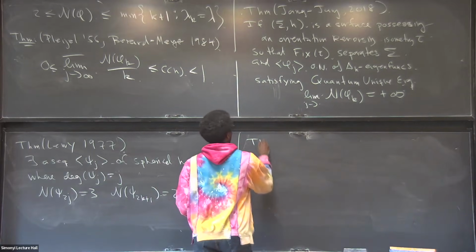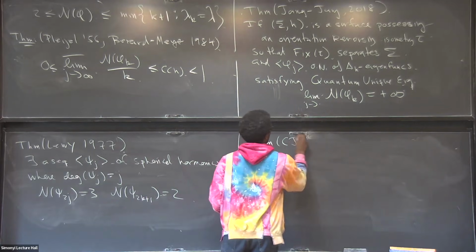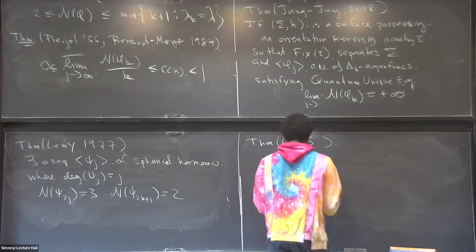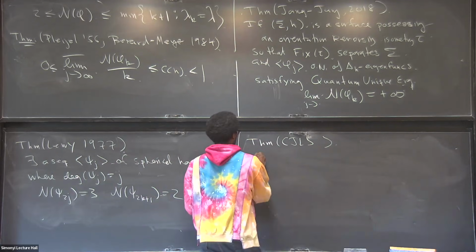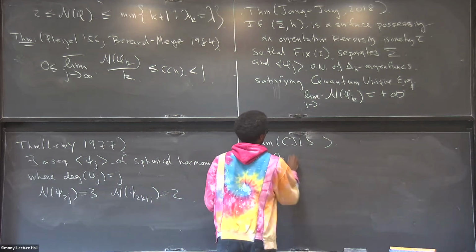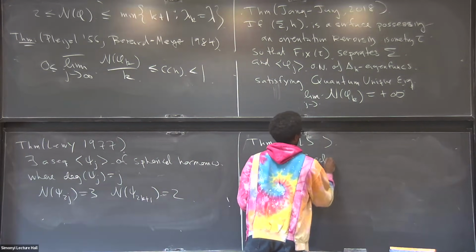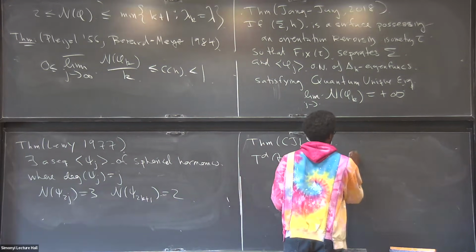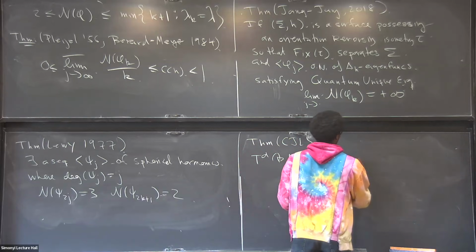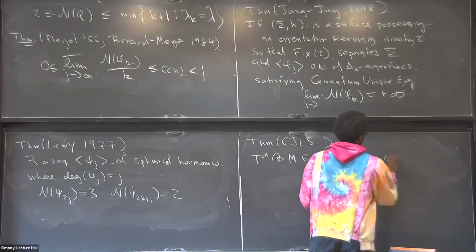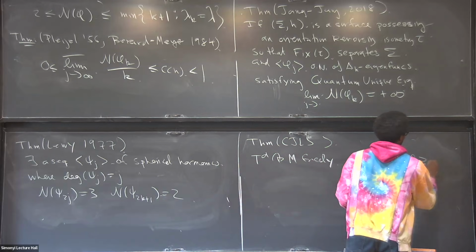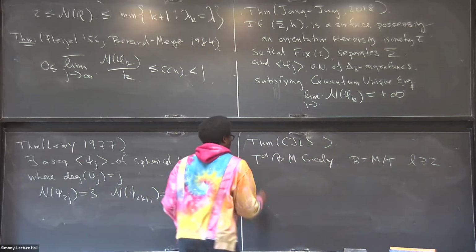So here's the theorem. We let T^d act on M freely, we let B be this quotient space, and L an integer greater than 2.